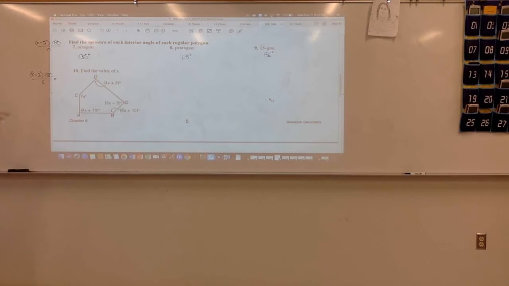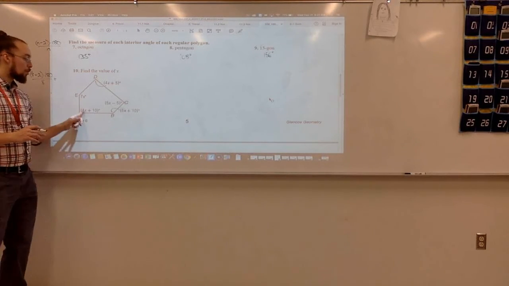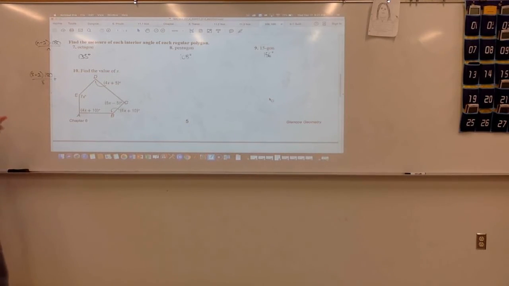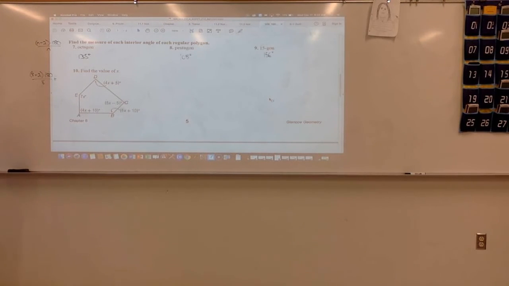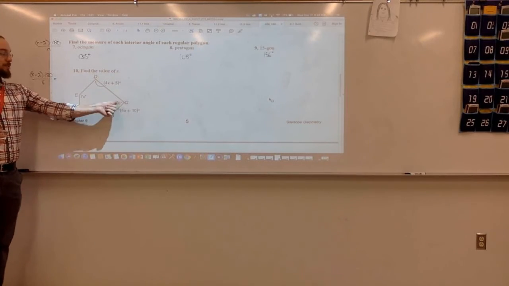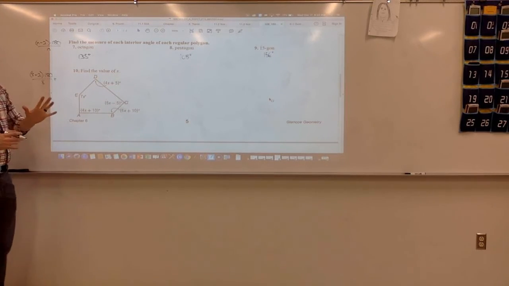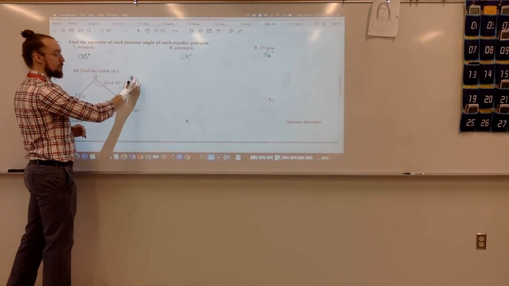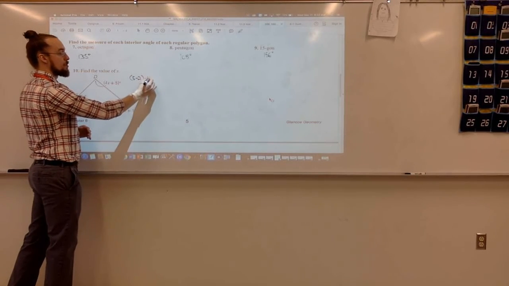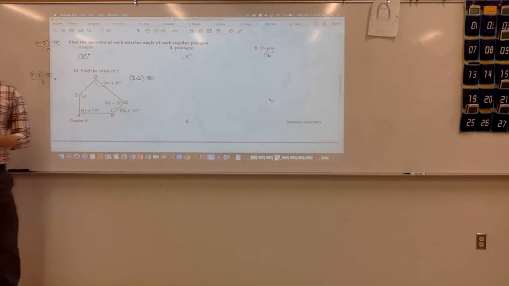Okay, so then the very last one, we need to first figure out what all 5 of these angles will add up to. Okay, this is not a regular figure. All the sides and angles aren't all the same. So I just need to find the sum of all 5 of these. Well, it's a 5-sided shape, so the sum of all the angles will be 5 minus 2 times 180, which gets me 540.